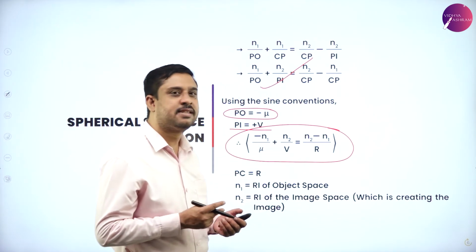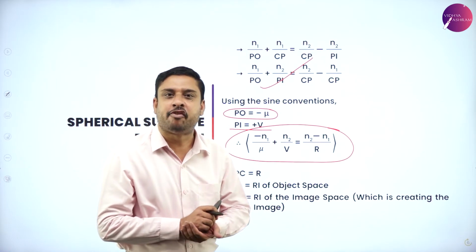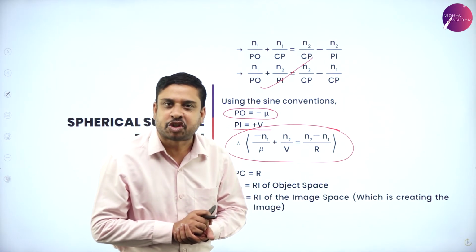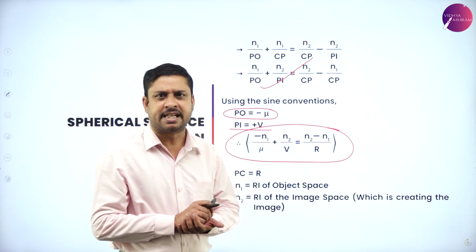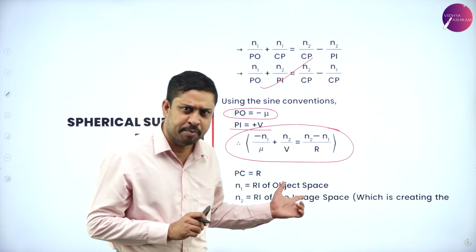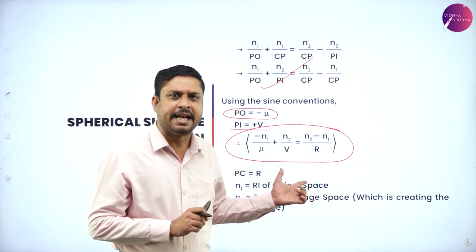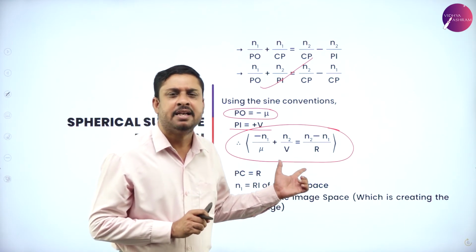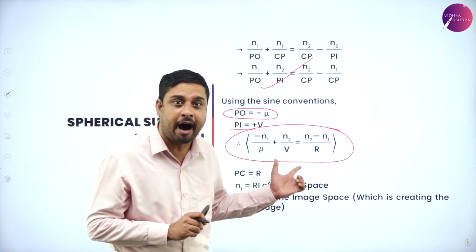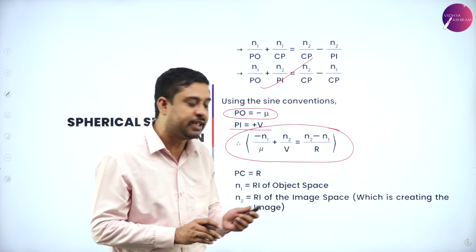And this is the equation for refraction through a spherical surface. Very important relation, slightly lengthy derivation. See that you practice this hard, it may appear this time in the exam.